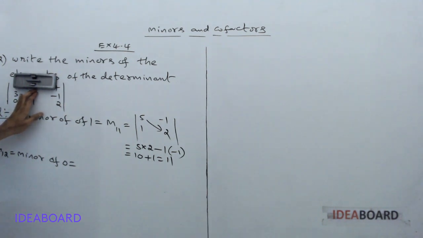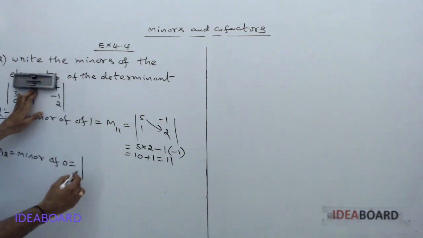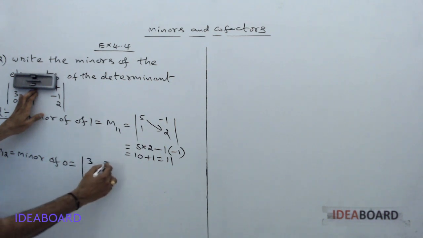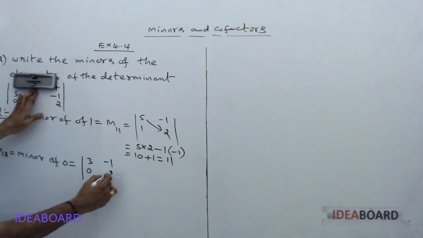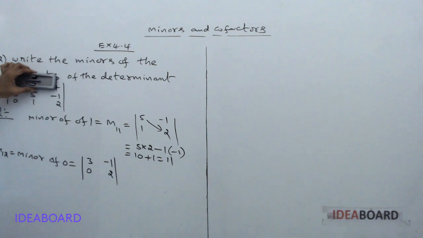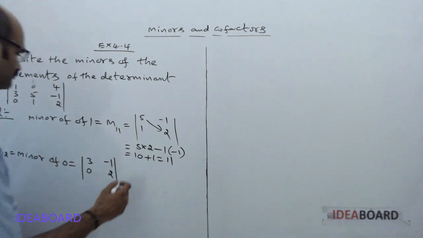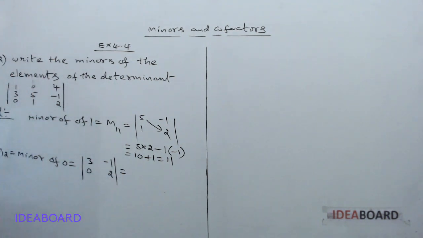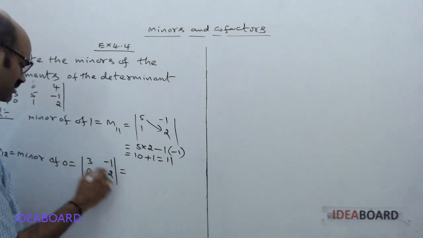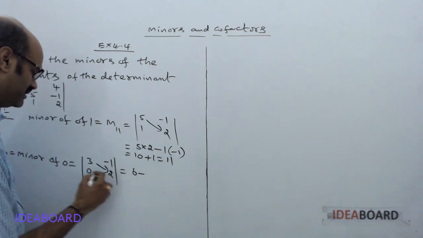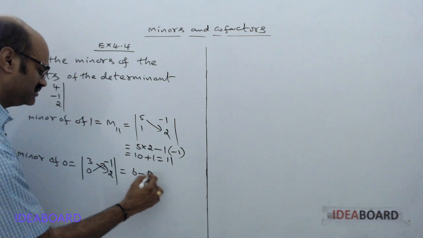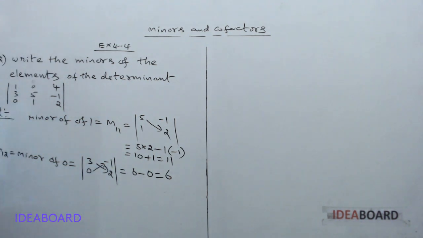The remaining elements we take in a determinant: determinant of 3 minus 1, 0 2 equals 3 into 2, 6, minus 0 into minus 1, 0. 6 is the answer.